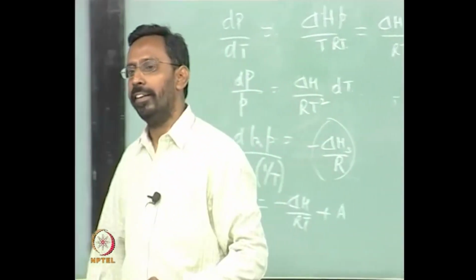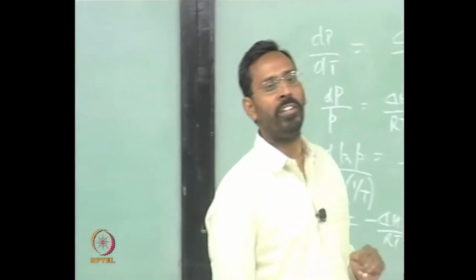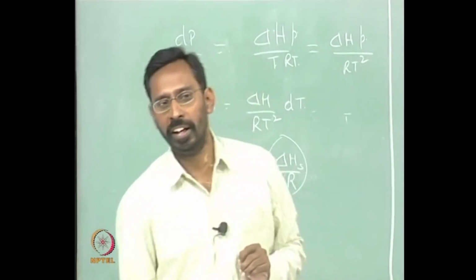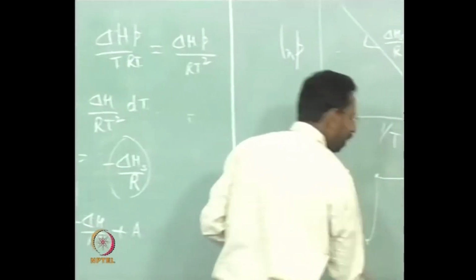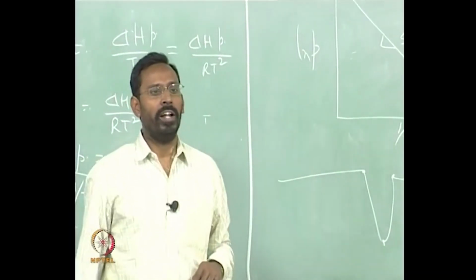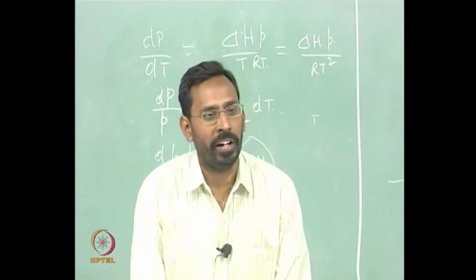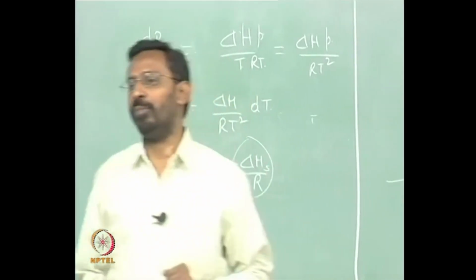Maximum rate. The peak represents always the temperature where the rate of transformation is the highest. So in principle whenever you want to do what is called reaction rates, for example for any transformation, if you are interested in the rate of transformation, that is what is called kinetics of the transformation.